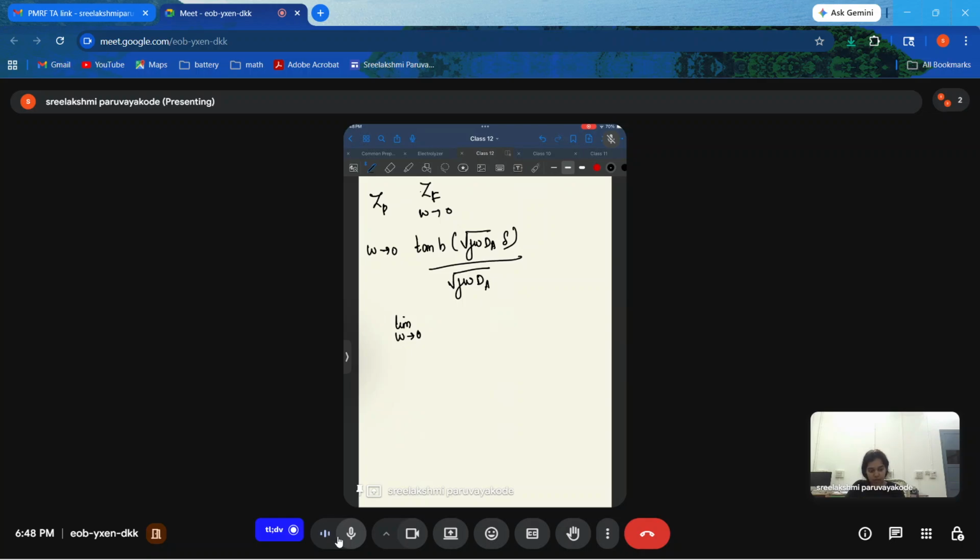This becomes this particular expression. tanh can be written as sinh by cosh, right? So this entire expression becomes sinh of del root j omega by dA, by dA del root j omega by dA cosh of del root j omega by dA.